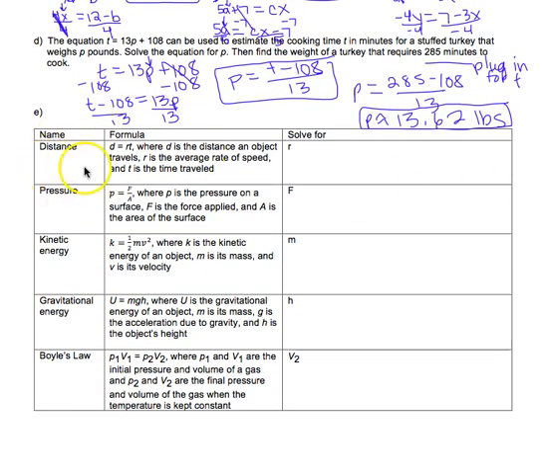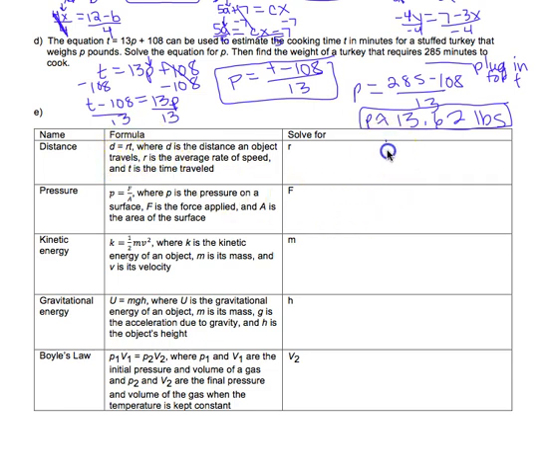All right, last one. These are all specifically named formulas that we use either in math or in science. So we're going to solve for the variable that's over here. And it tells you what the formula is and what each piece stands for, because this is good to become familiar with these formulas you're going to see in other classes. So distance equals rate times time.